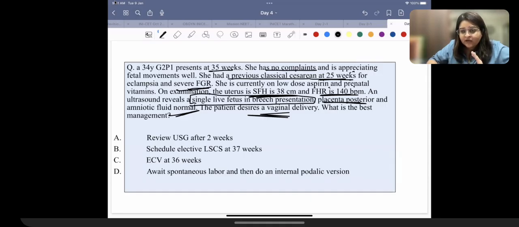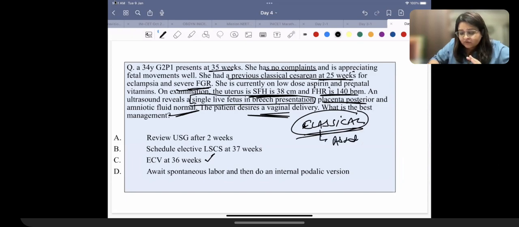Will you allow her to have a vaginal delivery even if she desires it? No. Okay, so she has a previous classical. If she was a previous LSCS, then probably an ECV would be the best option, but she has a previous classical. This is an absolute contraindication to a vaginal delivery.